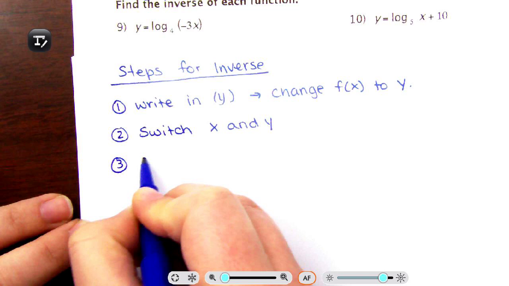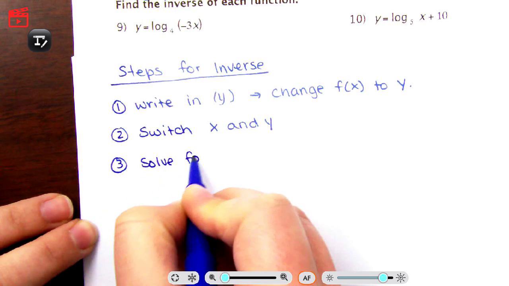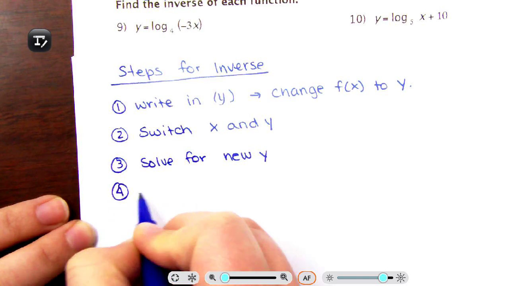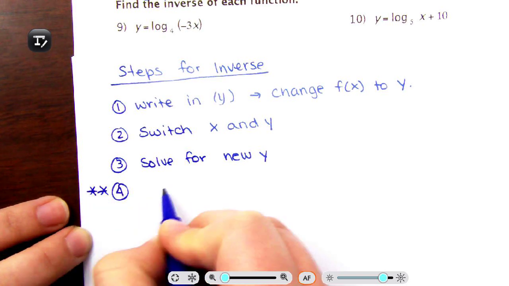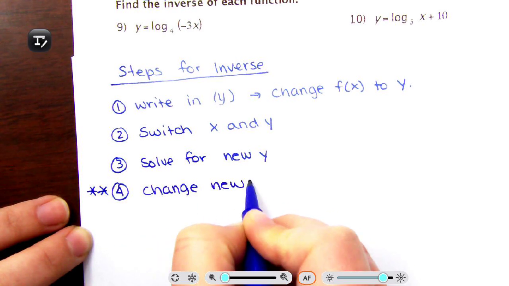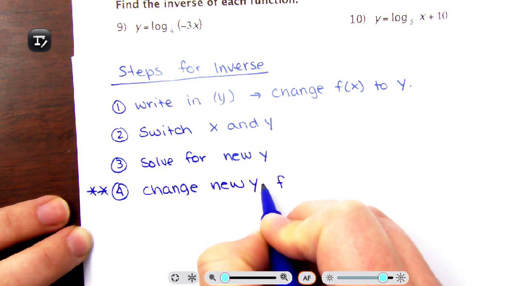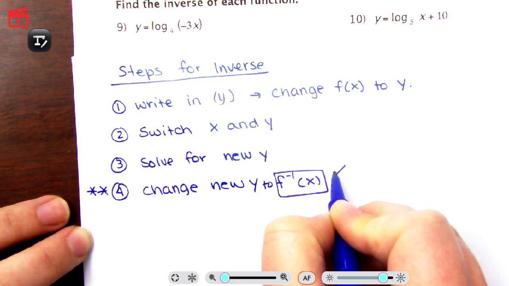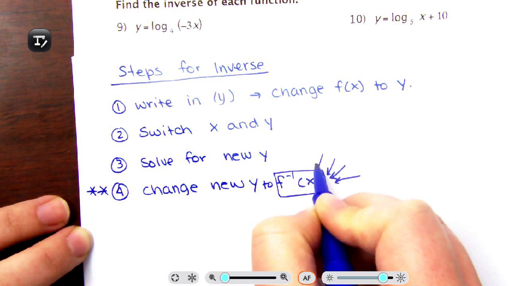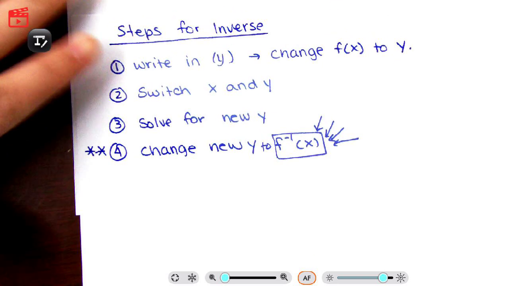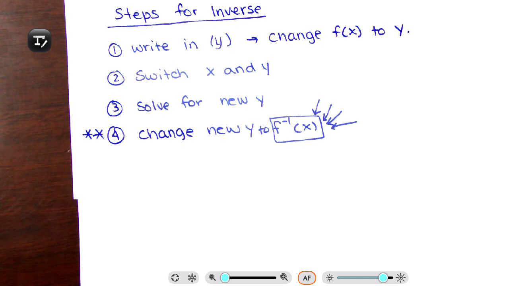After that, you're going to solve for new y. And after that, I cannot stress this enough, change new y to inverse notation. Don't forget about this last step. That's it. Only 4 steps? We can do it. I know you can do it. I believe in you. Let's get started.